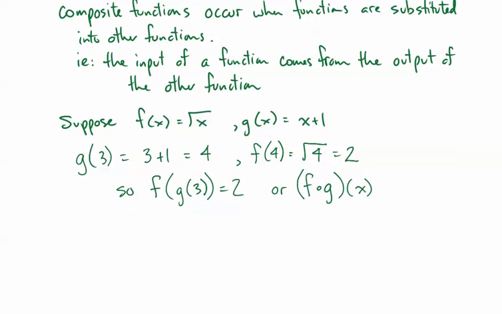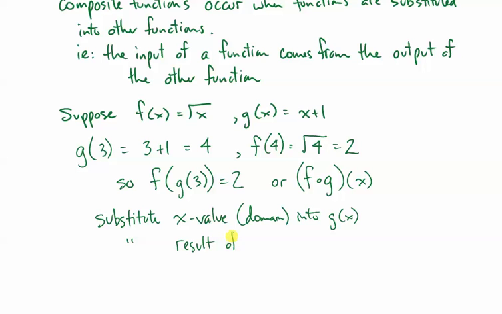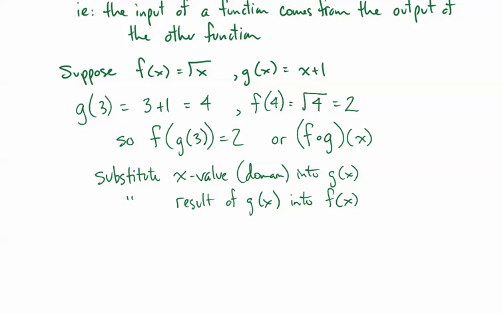Now, when it comes to how to do this, what we're doing is a substitution of an x value, or domain, into the function g, and then a substitution of the result of g of x that we just got into the function f of x. So this is what a composition is.